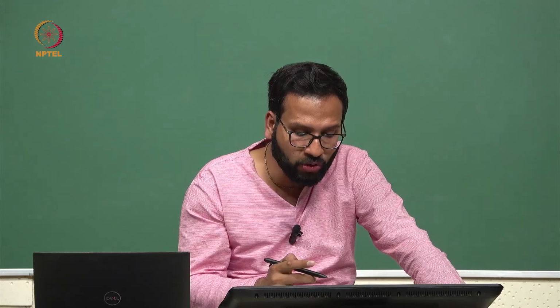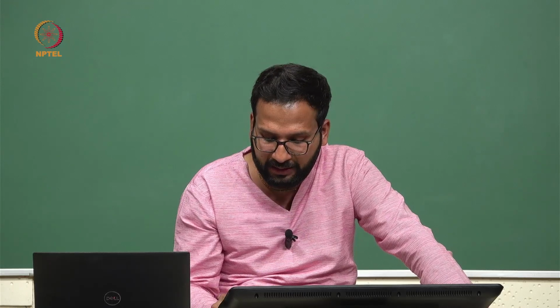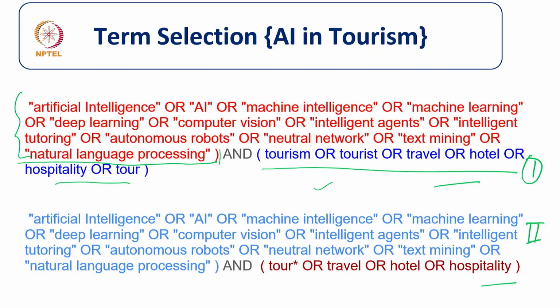In the second set of terms, we are representing them in a different way. In tourism, tourist, and tour, the common word is tour. So what we are using here is tour, then star. This star means anything, so it can be tourism, it can be tourist, it can be tourists.